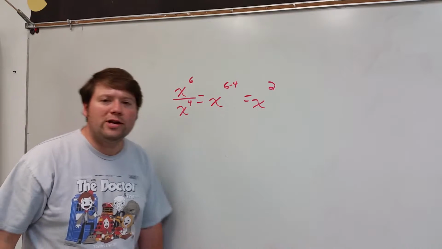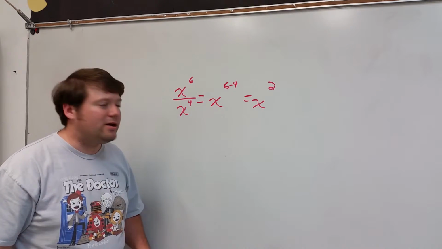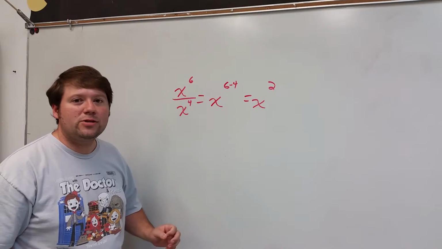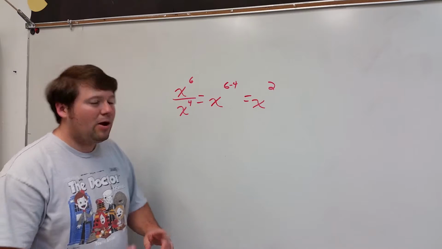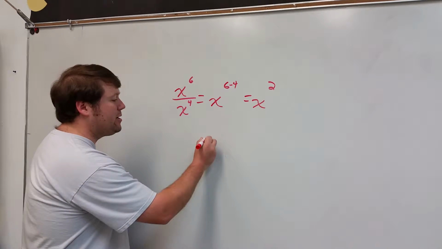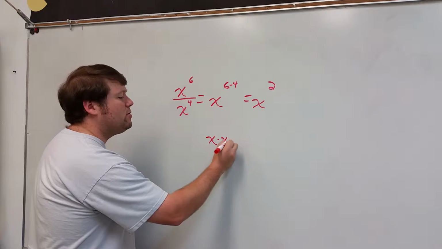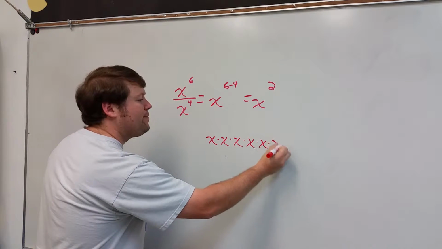So the quotient rule is really simple. All we do is we look at our exponents and we treat it kind of like we're subtracting those exponents. Now, the explanation that goes along with it, I'll break down real quick. X to the sixth literally means x times itself 6 times. So I could write it out like this.